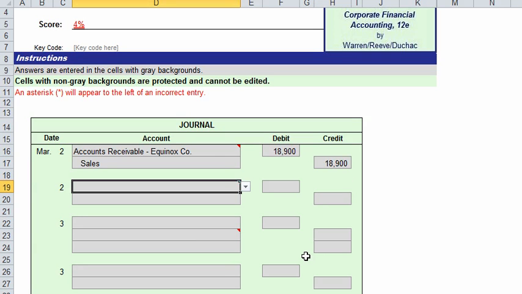Okay. Now, we don't do anything with the FOB destination. Destination does mean that we, the seller, are responsible for shipping charges. But you guys, we don't have our own freight of delivery trucks. Instead, if you'll skip ahead and look down to the last transaction on March 31st, it says paid Fleetwood delivery service $5,600 for merchandise delivered during March to customers under shipping terms FOB destination.